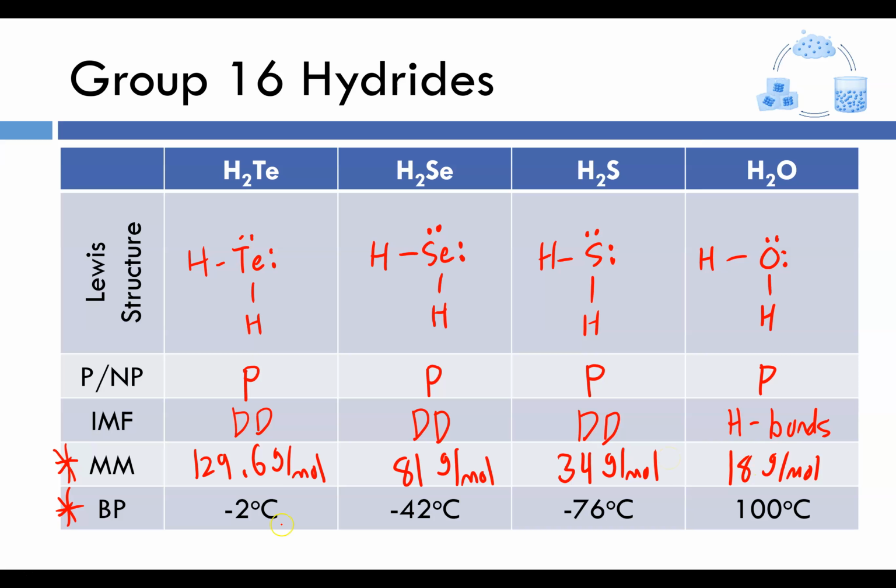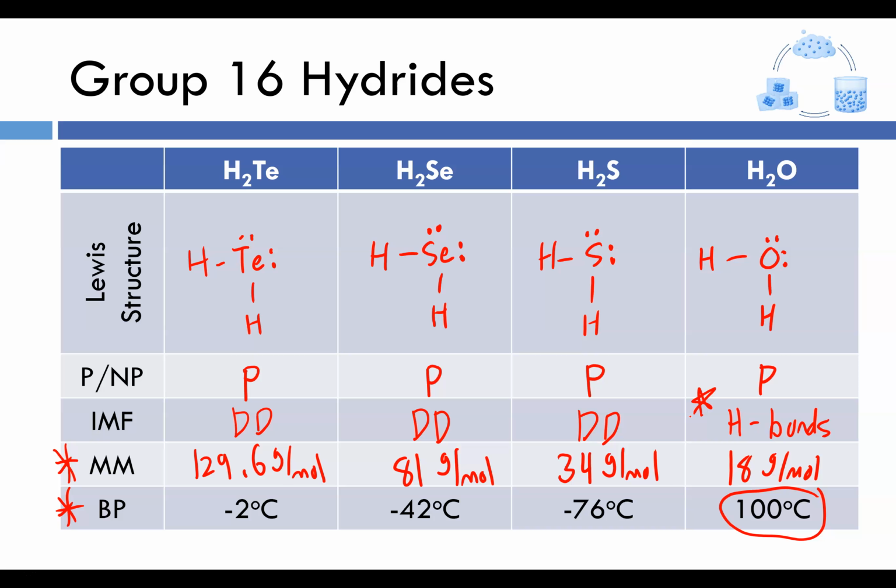If we take a look at the boiling point, as molar mass decreases, so does boiling point, just like you would expect. Until here, what the heck is going on with water? You've got these other three molecules as gases at room temperature, where water is going to be a liquid with a very high boiling point. What is happening here?